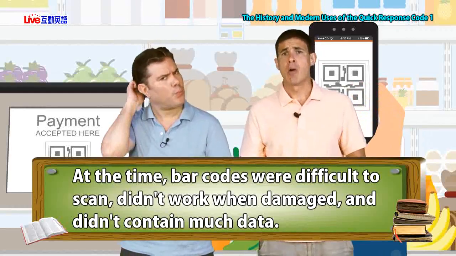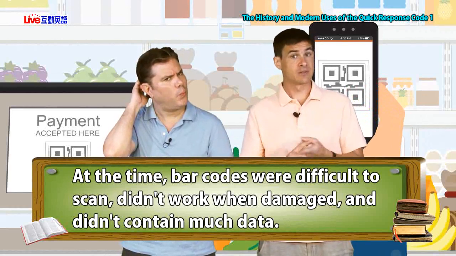So, the company was moving a lot of stuff around. They were using barcodes, but the barcodes just weren't working that well. There were multiple problems. Yeah, barcodes are rather simple, just vertical lines. A QR code is a lot more complicated. It can do a whole lot more. Anyways, at the time, we're talking about that Japanese factory in the 1990s. At the time, barcodes were difficult to scan.